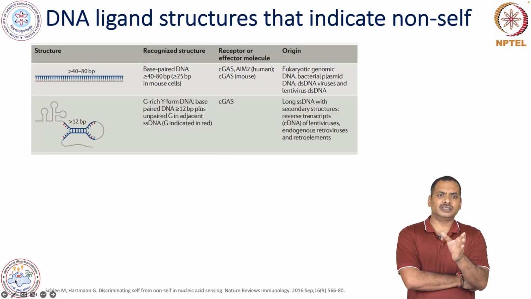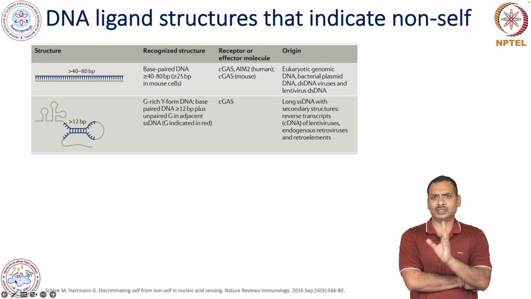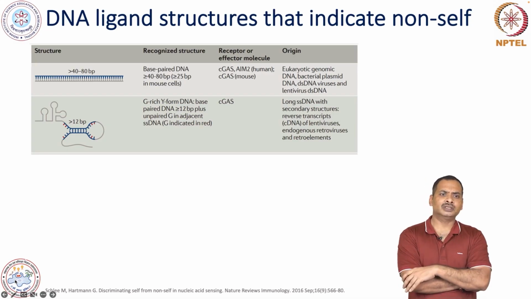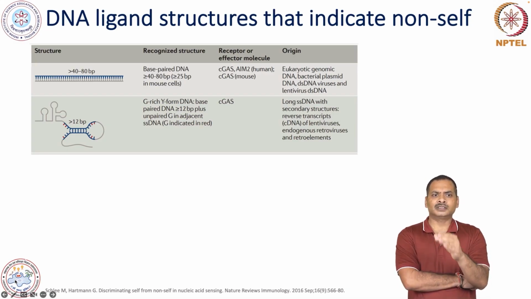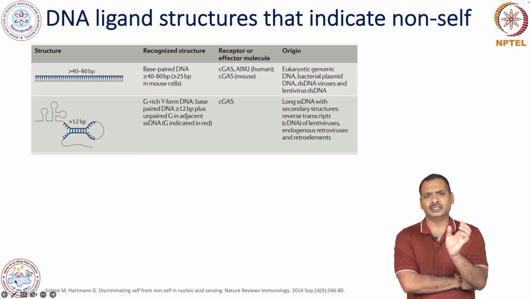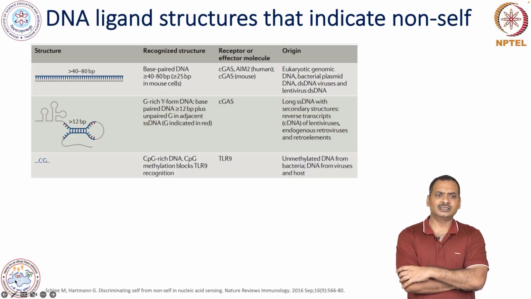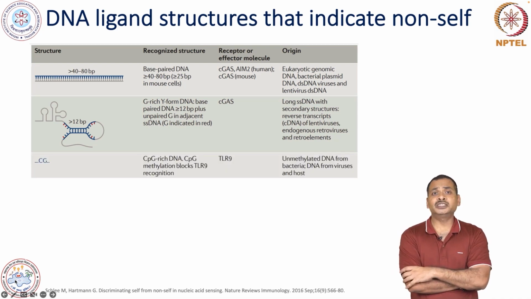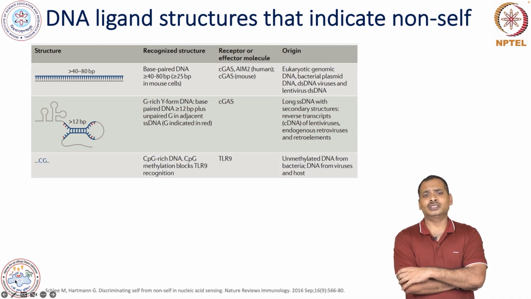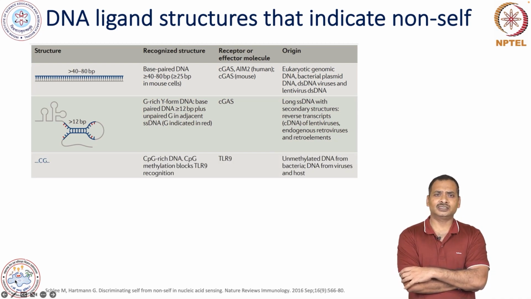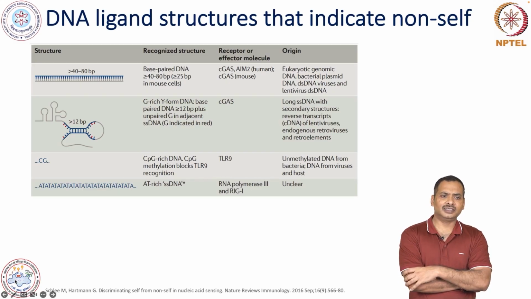Another is G-rich Y-form DNA, where base paired DNA is more than 12 base pair, and the unpaired G is adjacent in single stranded DNA, and this is sensed by cGAS. There is CpG motif DNA. You know that CpG motif DNA is sensed by TLR9.